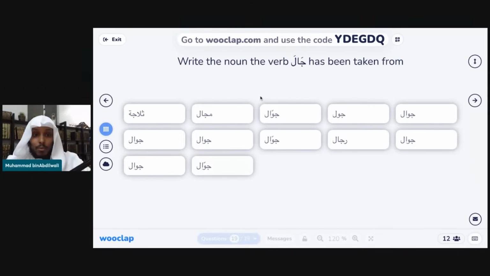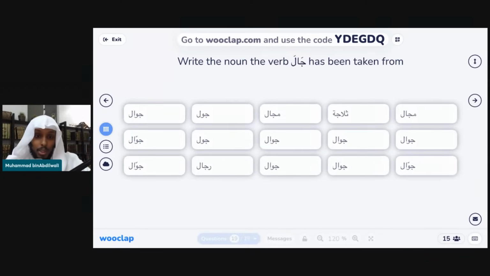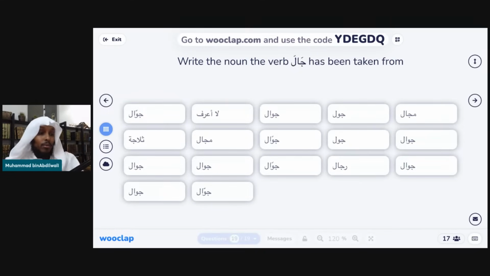How do you end up with the word جوال anyway for mobile phone? جالة means to roam, or sometimes they use it for hiking as well. جوالة, people that are hiking, roaming around, walking around different places.